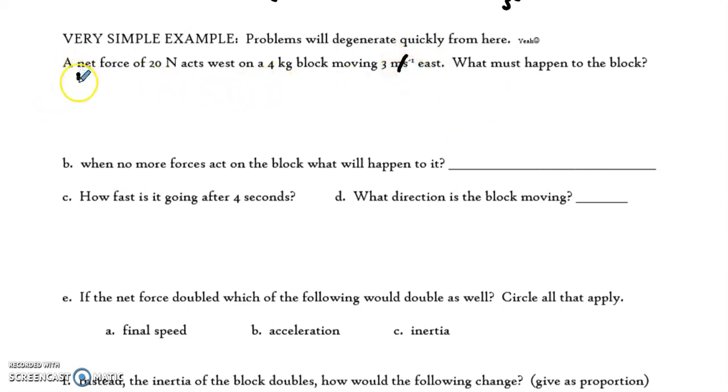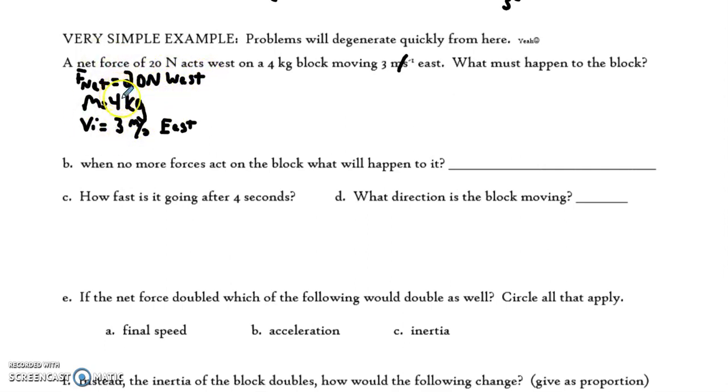So if we start listing what we have: a net force of 20 newtons, a mass of 4 kilograms, and then the initial velocity is 3 meters per second east. So this is going east, this is going west. Okay, so we'll come back to that in just a moment.